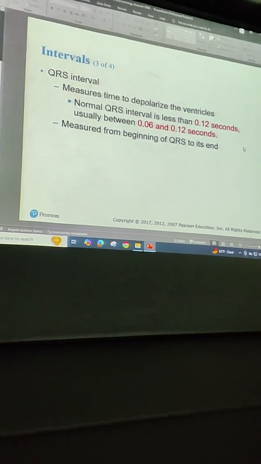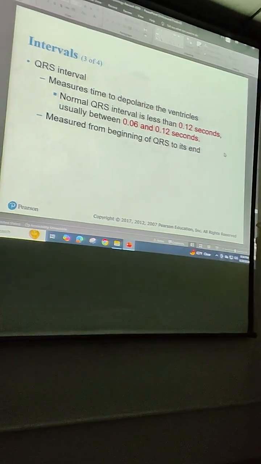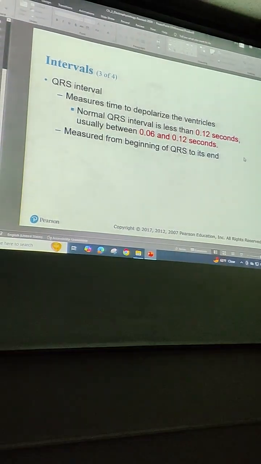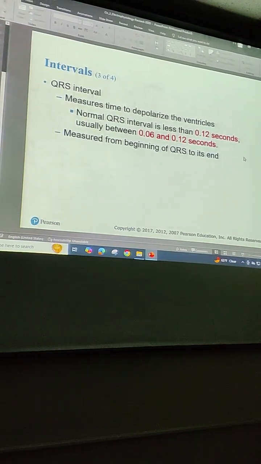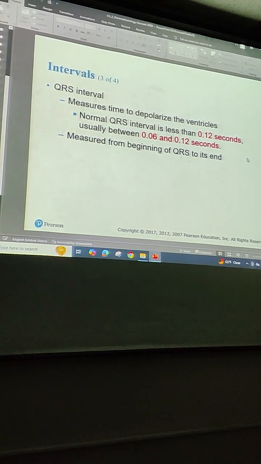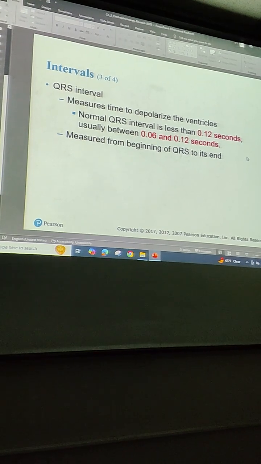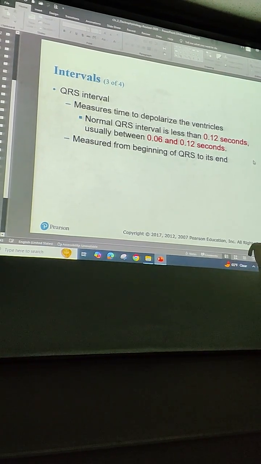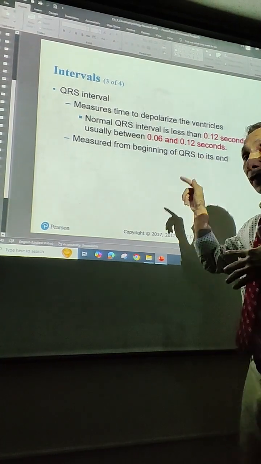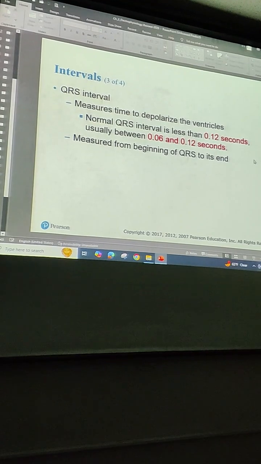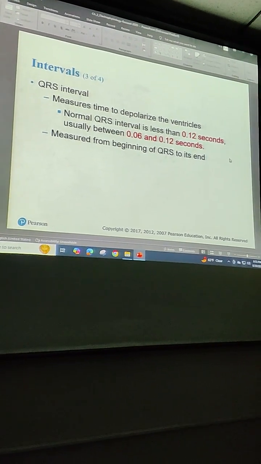Remember, 0.06 is like a box and a half, because each little box is 0.04. So 0.04 to 0.06, you need 0.02, so half of the little box. It has to be in between these. If it is more than 0.12, we have a problem. If it is less than 0.06, we have a problem.